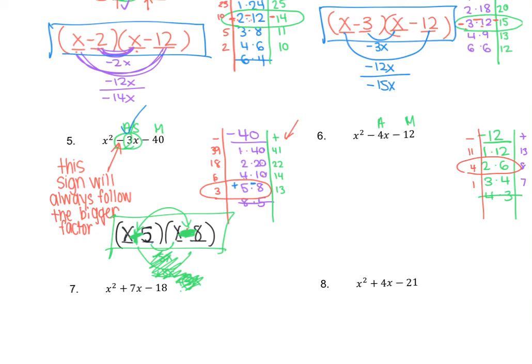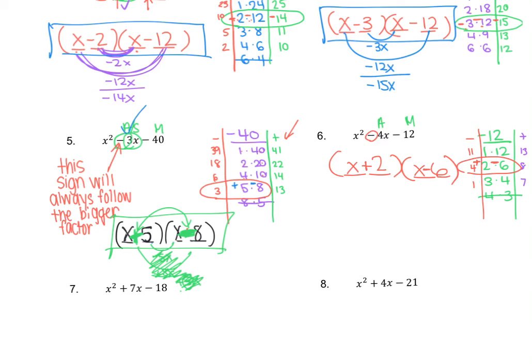So this is negative, which means that our bigger factor should be negative. So I have an x, I have an x, I have a 2, I have a 6. My 6 is negative, and there I have it.